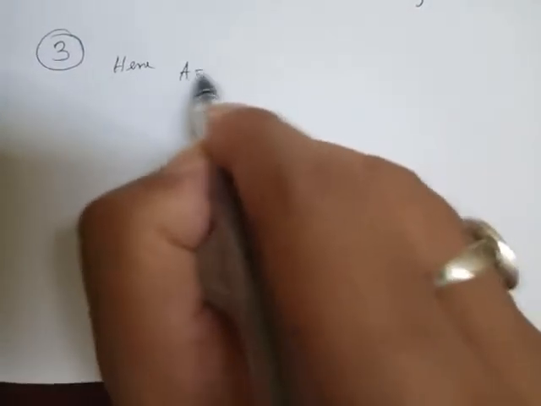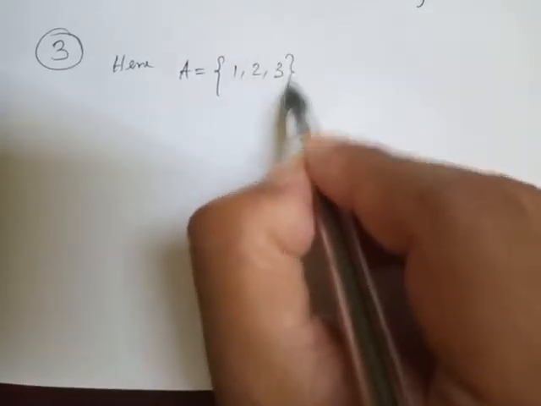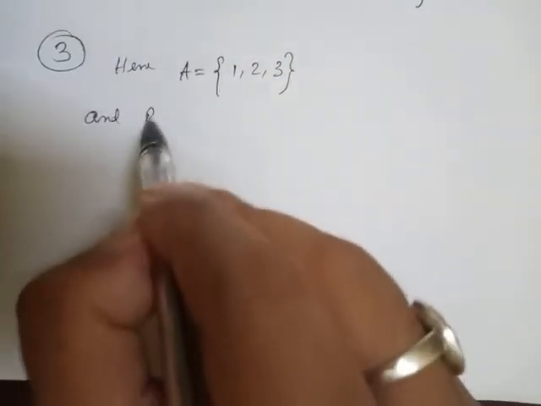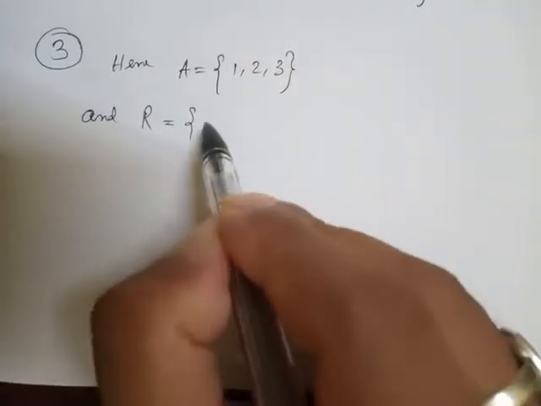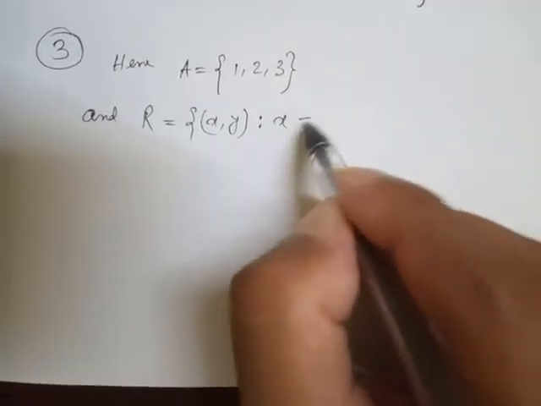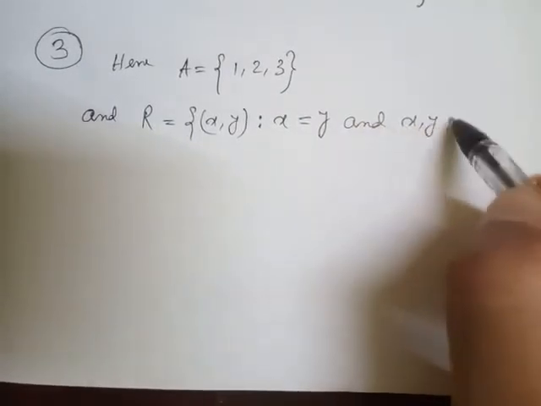Now look, student, question number 3, solution of exercise 1.3, class 10. Here A equal to {1, 2, 3}, these are the elements given, and the condition is R equal to {(x, y) : x equal to y and x, y belongs to A}.